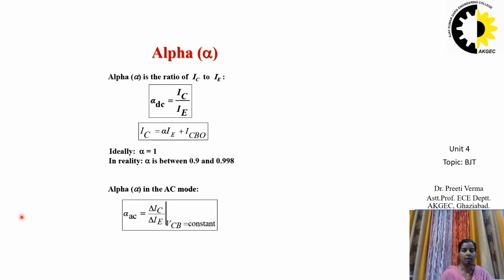So this alpha that is defined for common base configuration has its AC value and the DC value. The DC value is with respect to the DC current, and the AC value is for the small change in the output current and the input current for the constant value of output voltage.